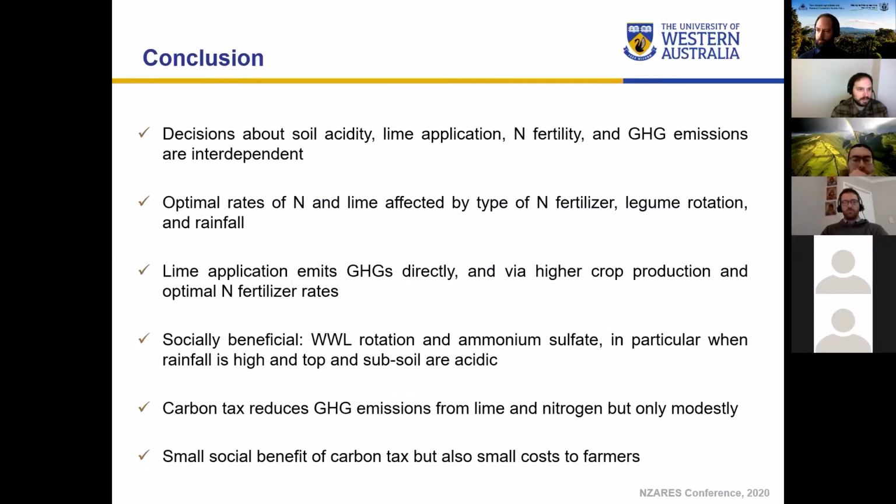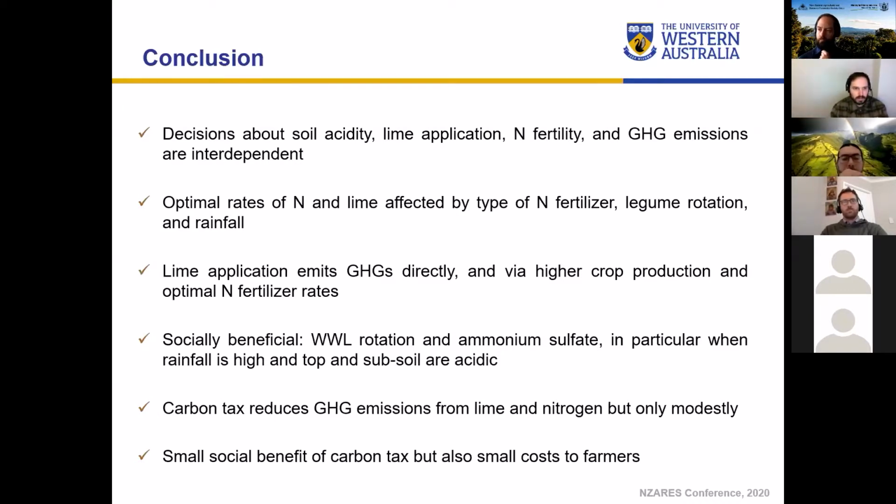In conclusion, we can say that decisions about soil acidity, lime and nitrogen fertility, and greenhouse gas emissions are interdependent. Optimal rates of nitrogen and lime are affected by type of nitrogen, the legume rotations and rainfall.